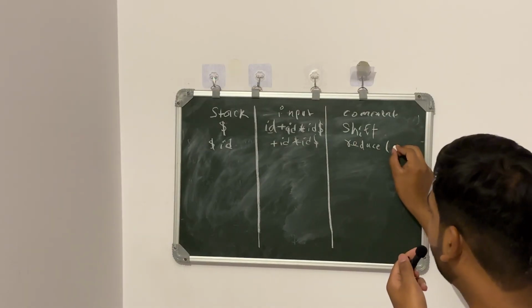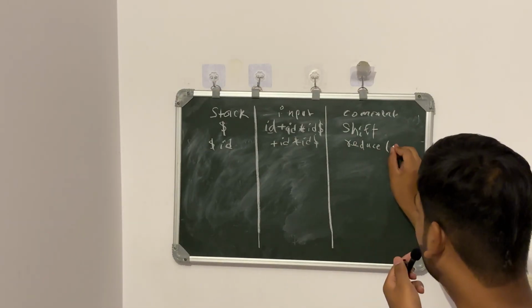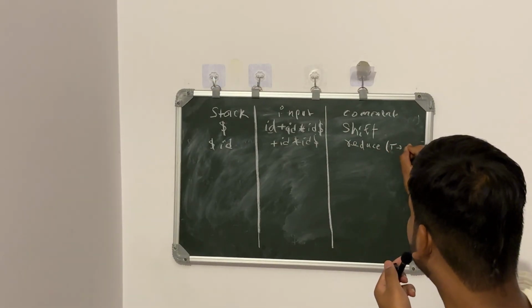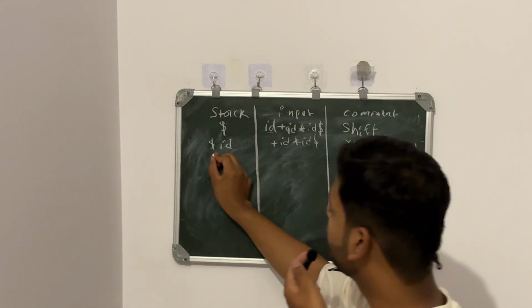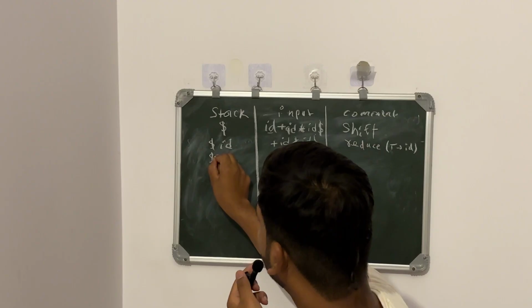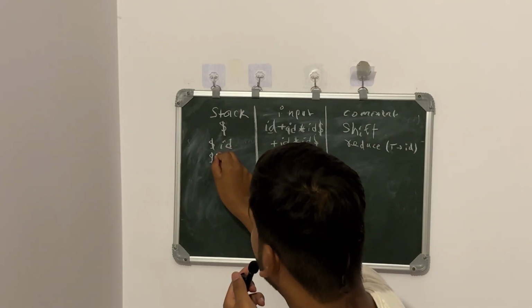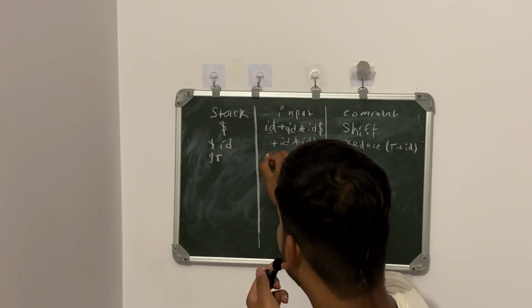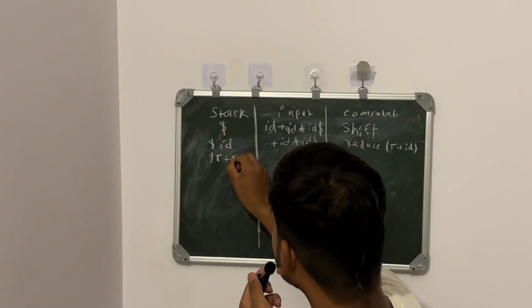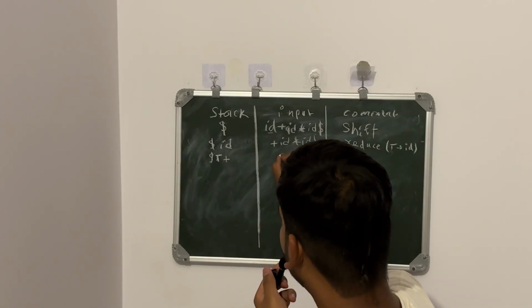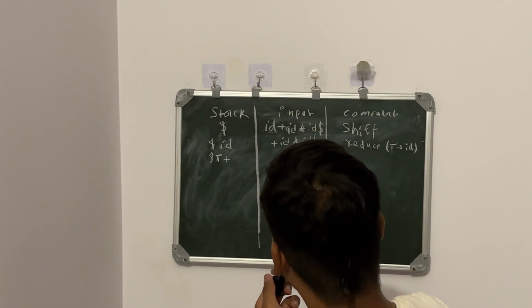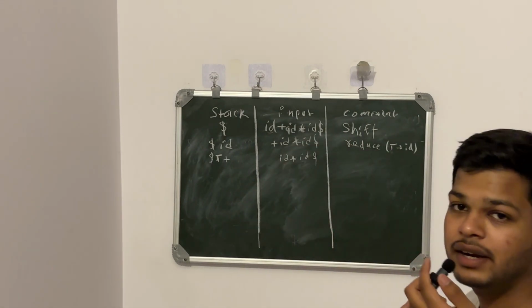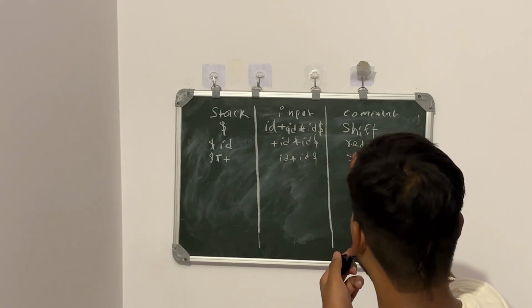So for this ID, if you remember the grammar, the handle is T gives ID. So we will reduce this ID to T, and then we will shift this plus here. Now here it will be ID star ID and dollar. Now we will shift this ID into the stack. So we will write shift.